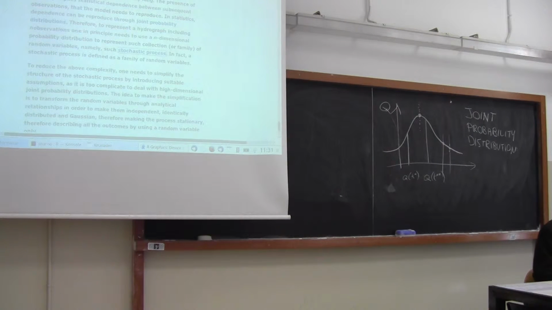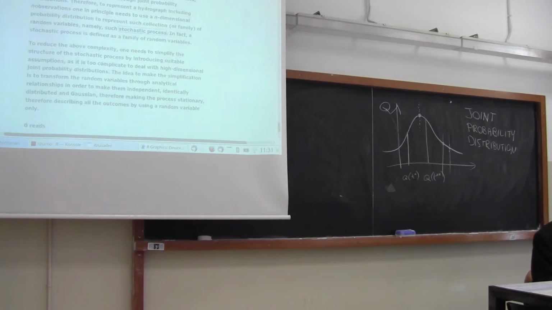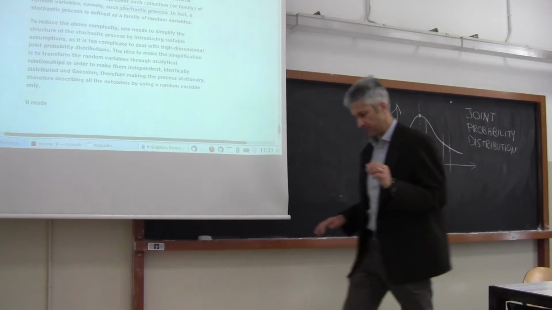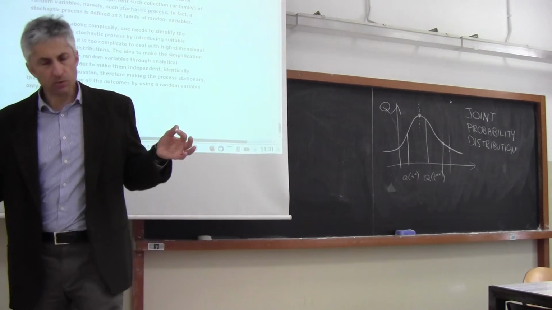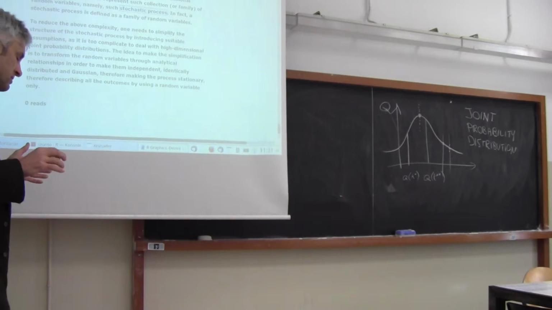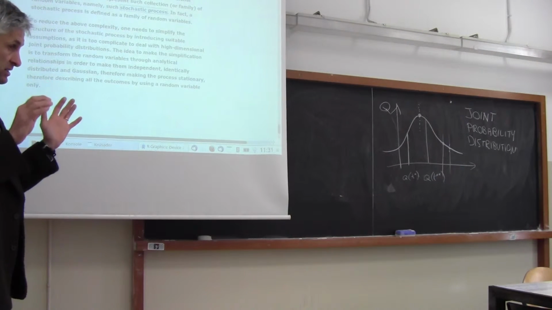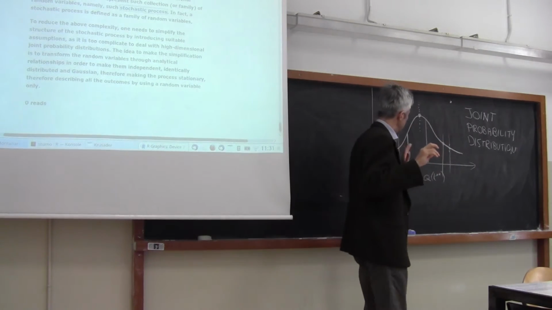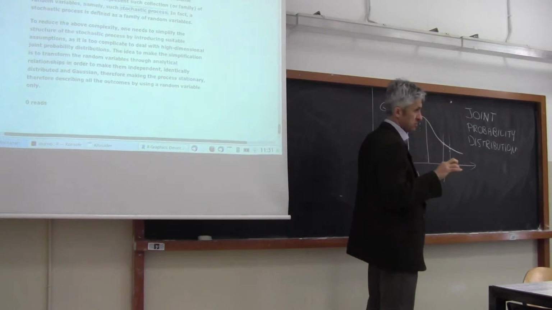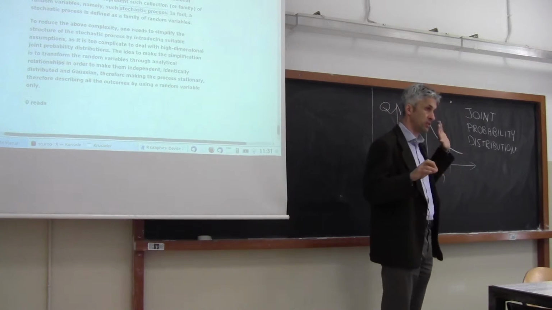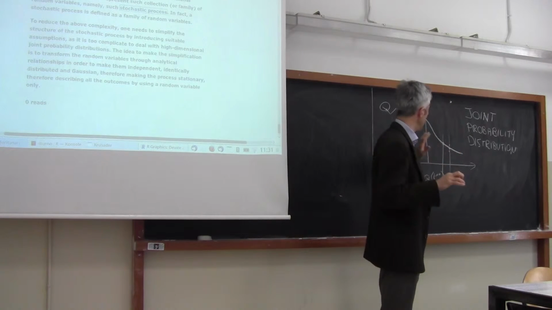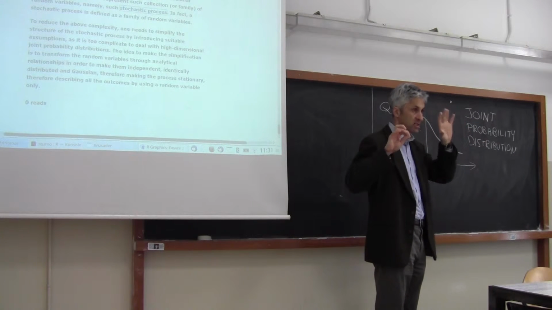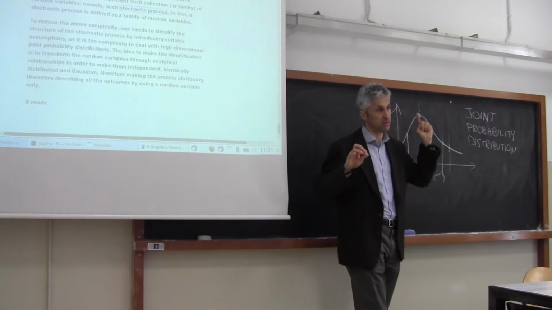Okay, so again, we need to simplify things because it is too complicated to deal with high-dimensional probability distributions. So the idea is, how can we make the problem simpler? The basic idea of the theory of a stochastic process is to check whether it's possible to apply a transformation to the data so that we can make the data follow the same probability distribution, a unique probability distribution.